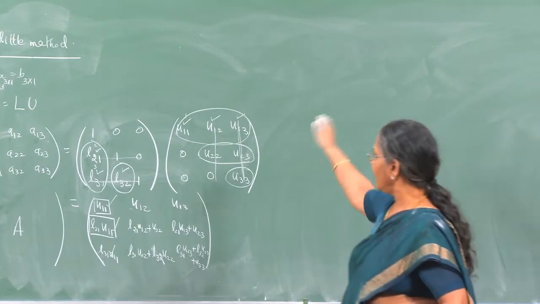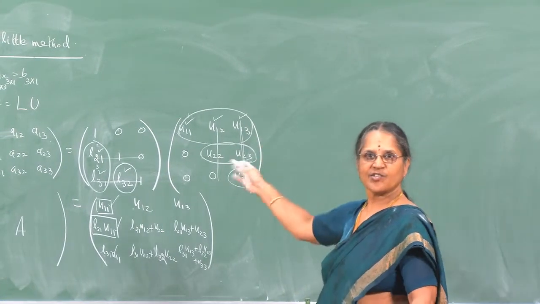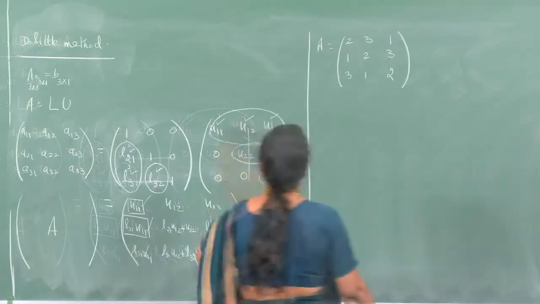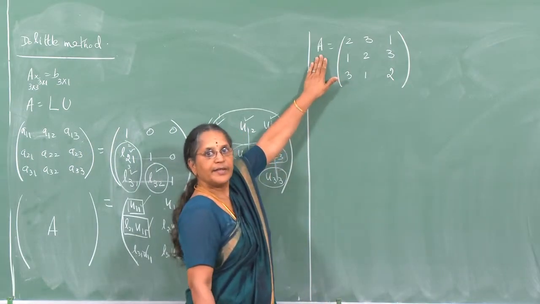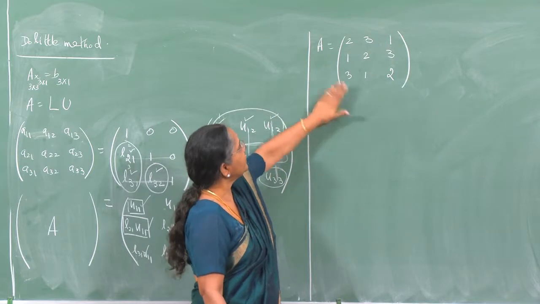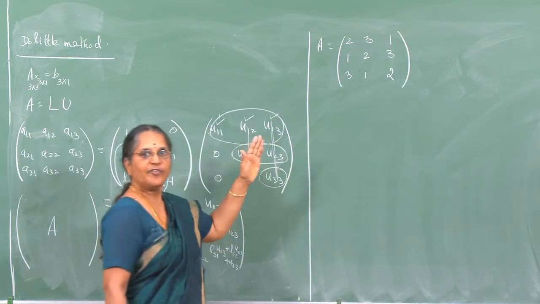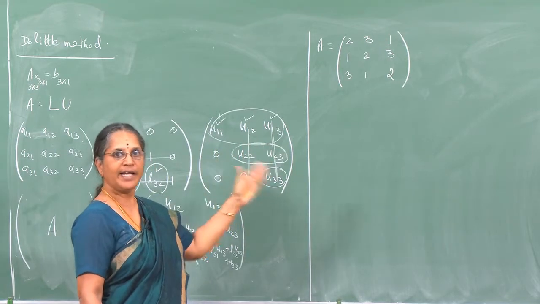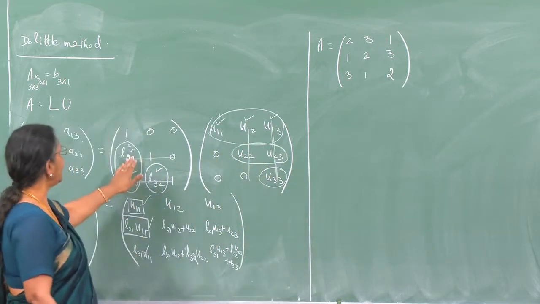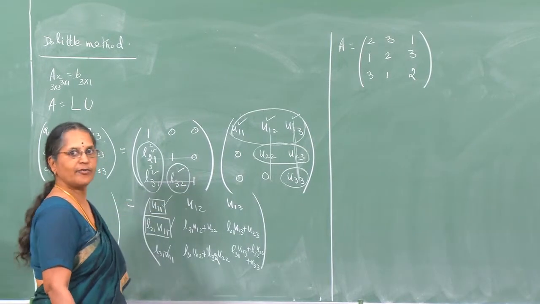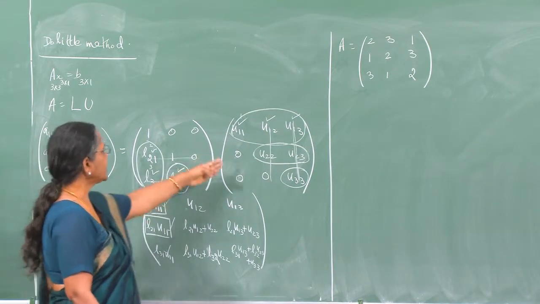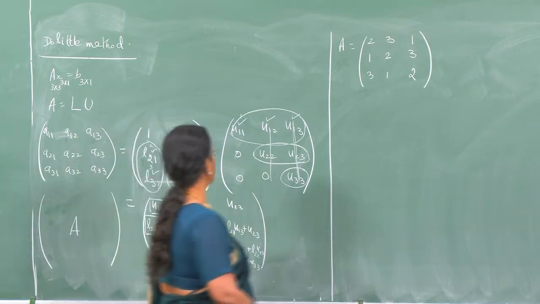So, let us take an example and then illustrate this procedure. Let us consider the matrix A given by this, and let us try to factorize A in the form L into U, where L is a unit lower triangular matrix and U is an upper triangular matrix.